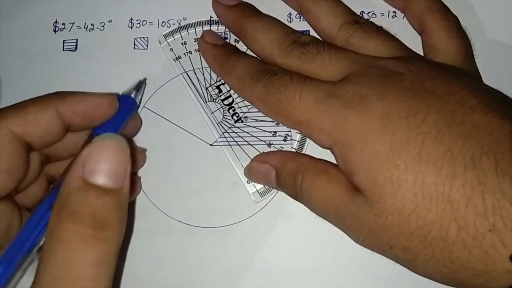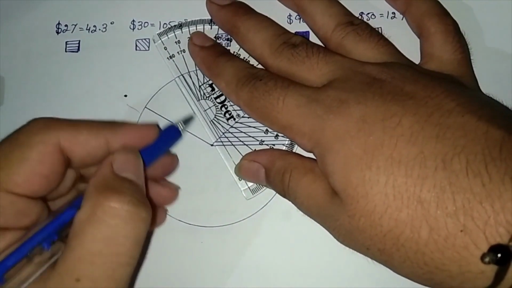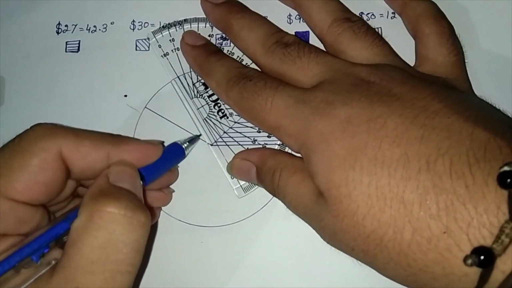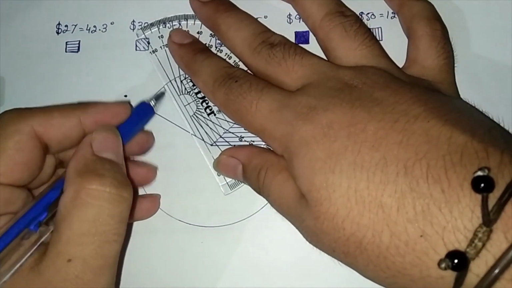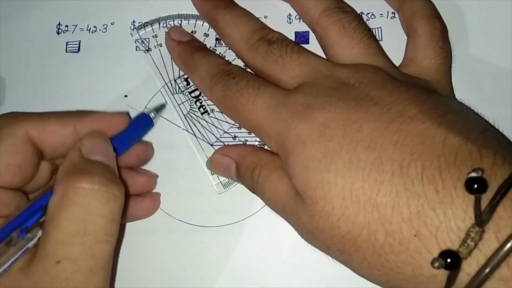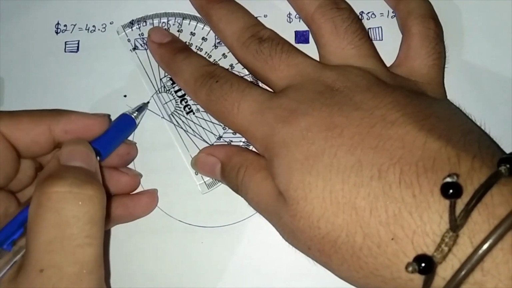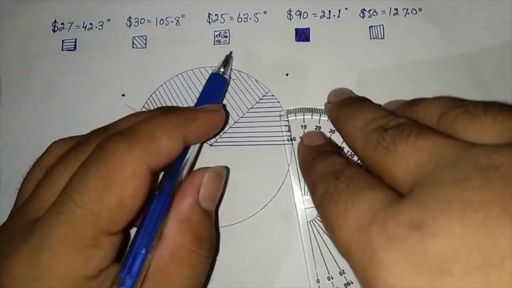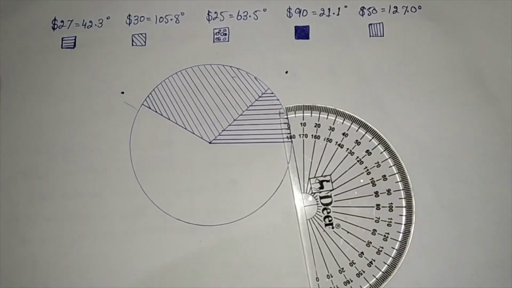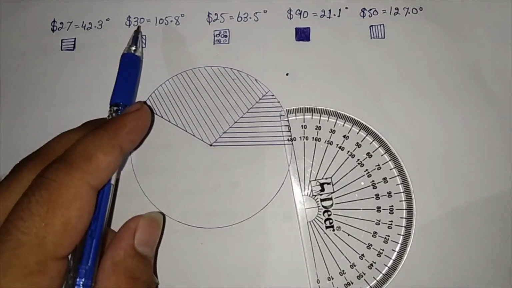So it's a way to show that this slice of the circle is representing a specific category. For this, we use this kind of lining or marking. All right, so this is for this category.